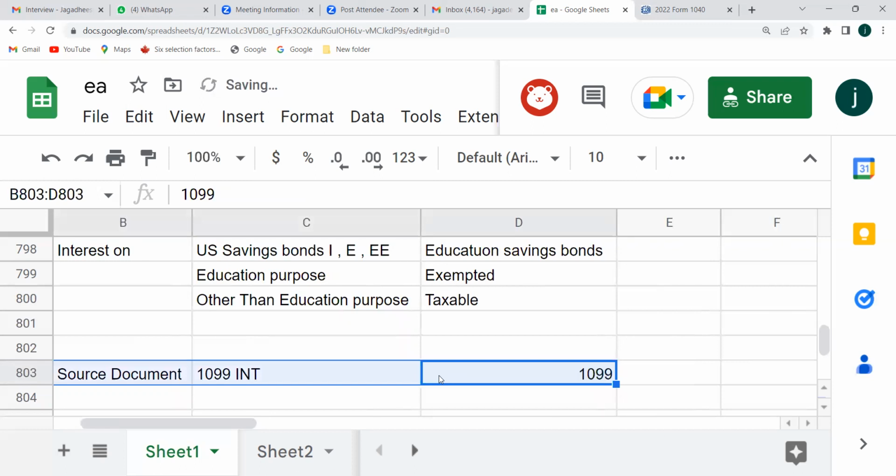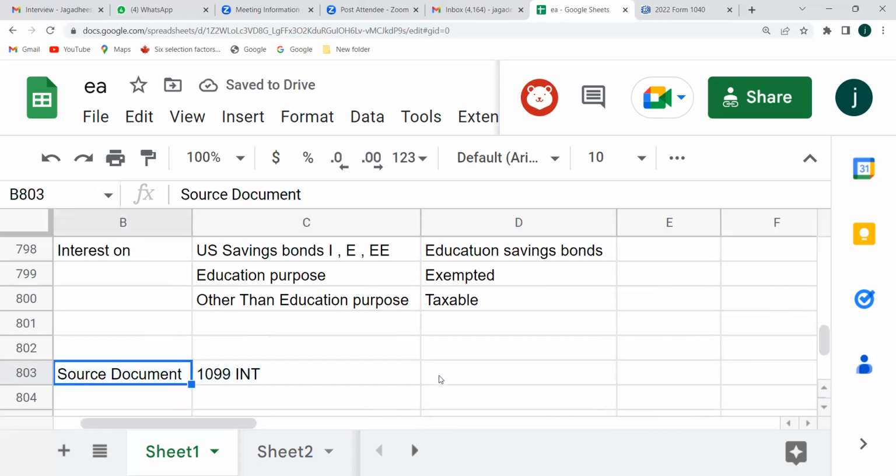In India, in case of salaries, what is the source? Pay slips they used to give. If you are getting any salary, they will give you one supporting document for the salary, which we call pay slips. Likewise in the US, for every income, they will give you some supporting documents.